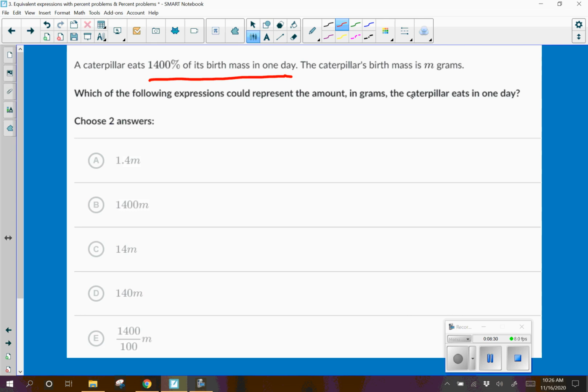Well, he eats 1,400% of m. Well, 1,400% written as a decimal, or a number in this case, if I scoop in 2 places, that's going to leave me with 14m. So taking a look, answer choice C is 14m.